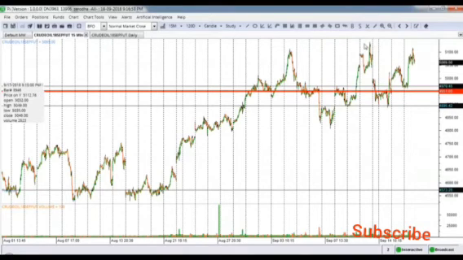And the same way, what is the high here? Roughly 5100 levels, correct? Now, this is on the September contract.